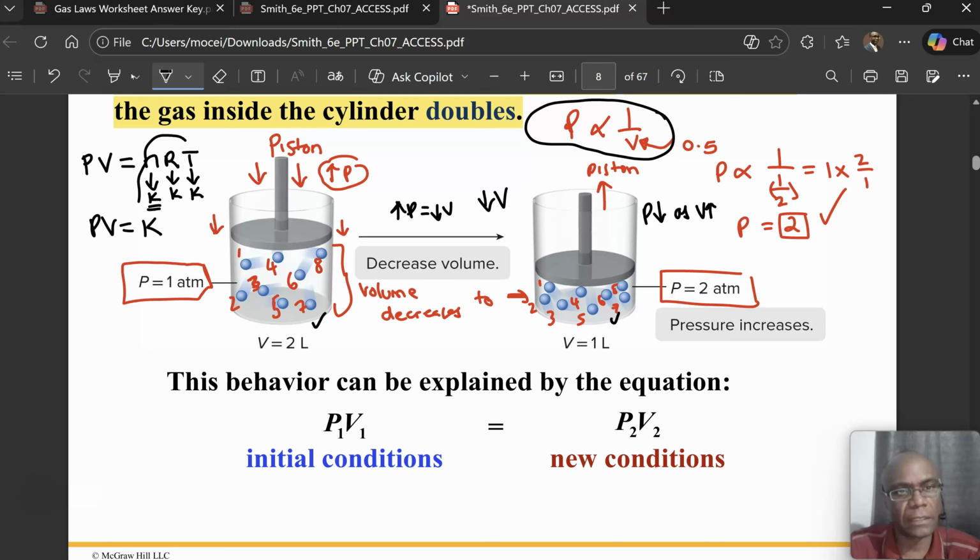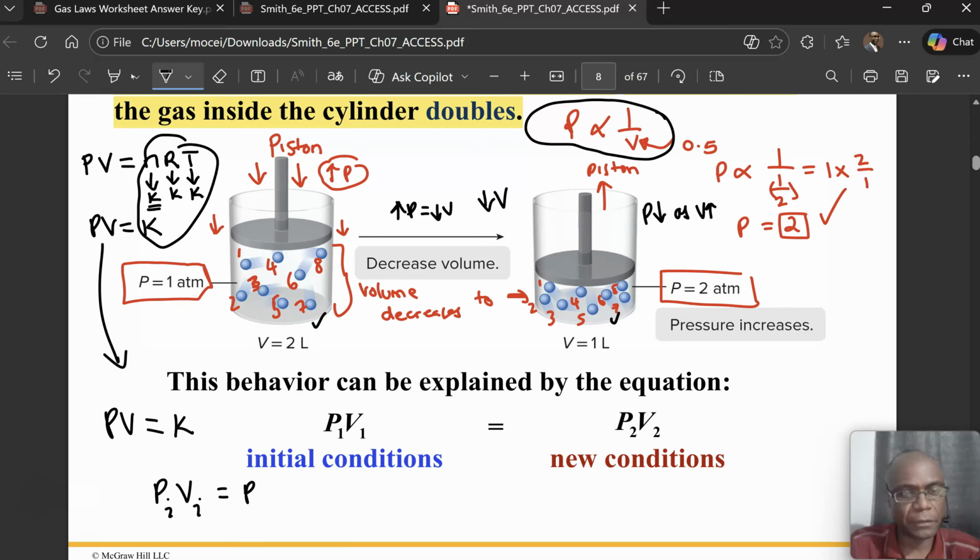All these are constants. And so if I know that pressure times volume is a constant K, then if I have initial conditions of pressure and volume, the multiplication of P initial and V initial must be equal to the multiplication of P final and V final.